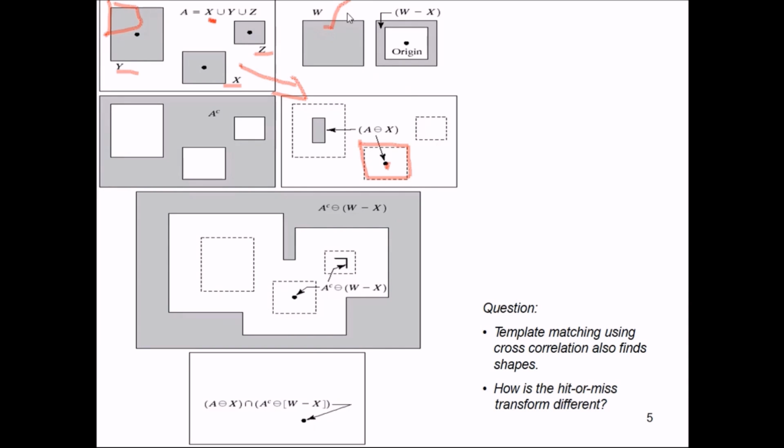So we'll take W and subtract X from W, and we get some result like this, keeping the shape of X alive. Now we take a complement of A. This is A, we take the complement of A. And now we erode this A complement with our W minus X. It will clear off all those other things, but this will find its place here and somewhere here also.